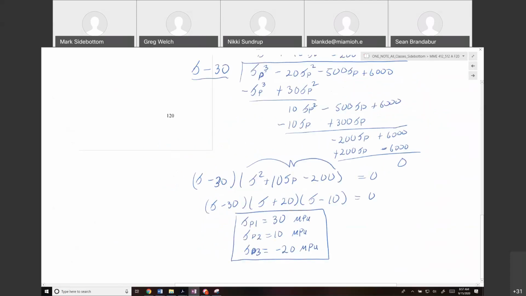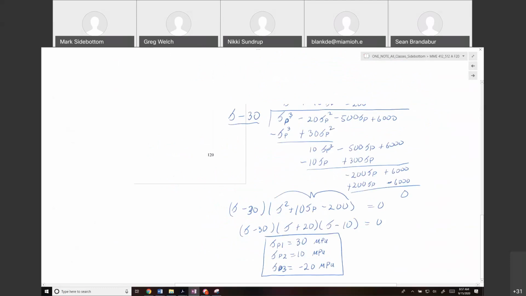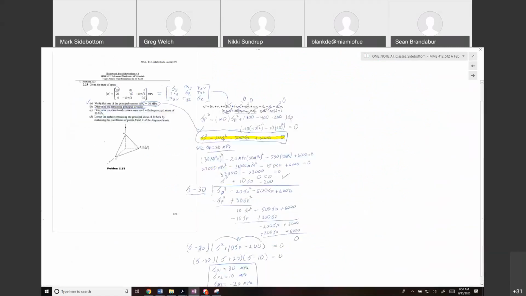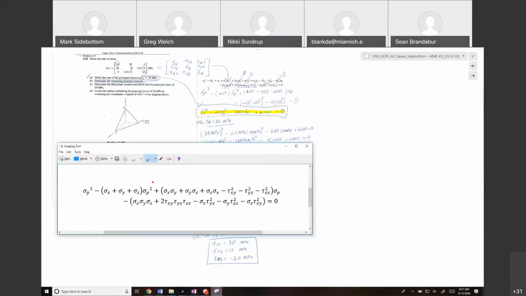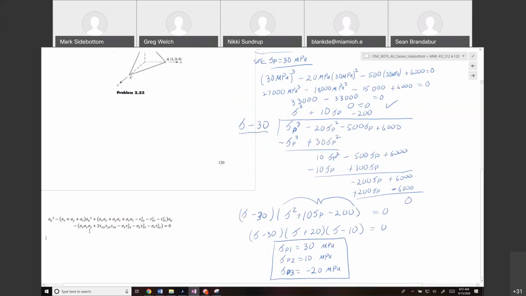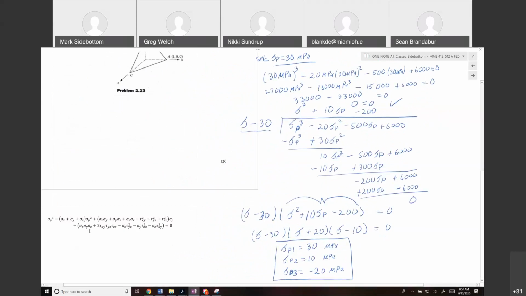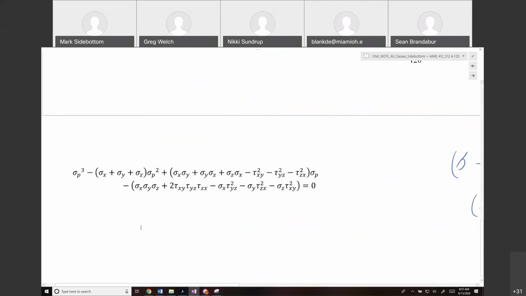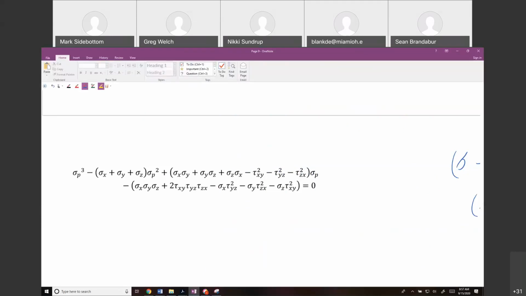So what the stress invariants are, in this is our equation for finding our principal stresses. If you do any stress transformation, including finding the principal stresses, the coefficients stay the same.